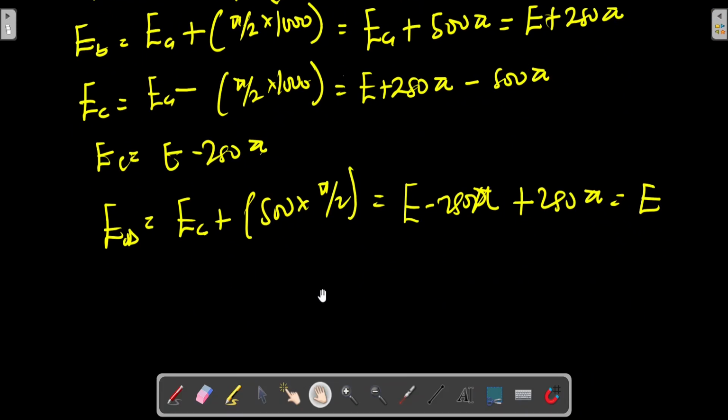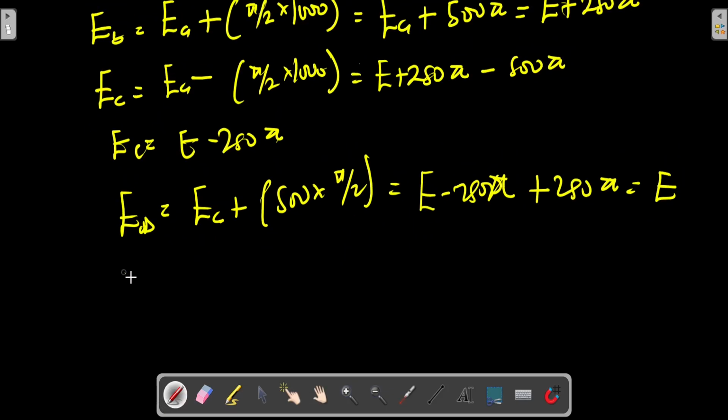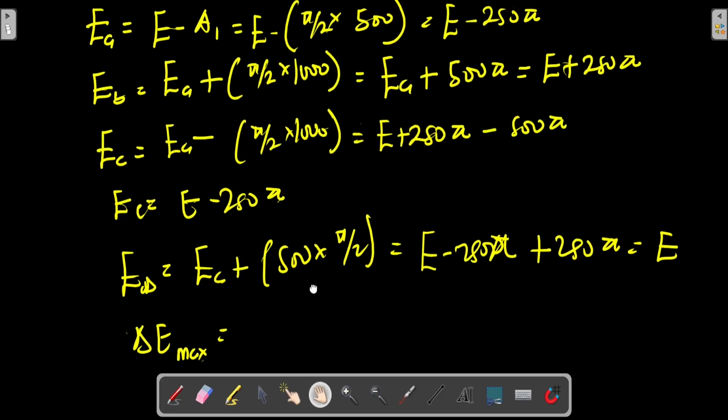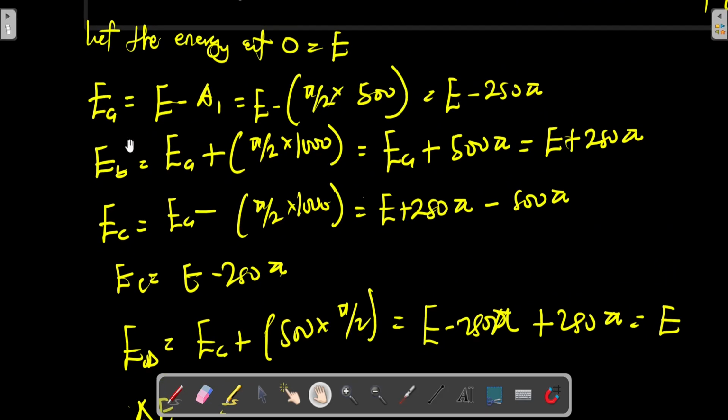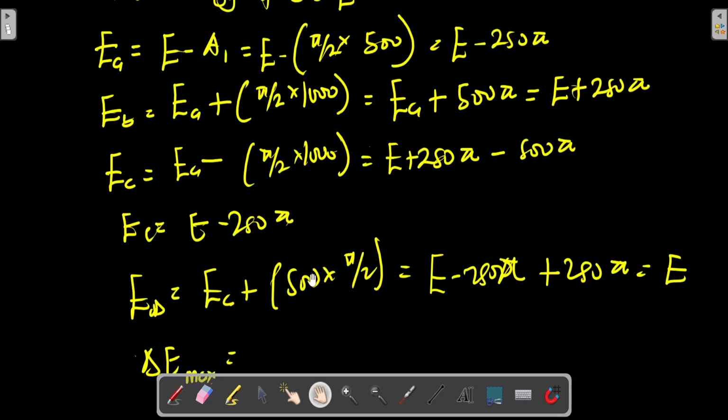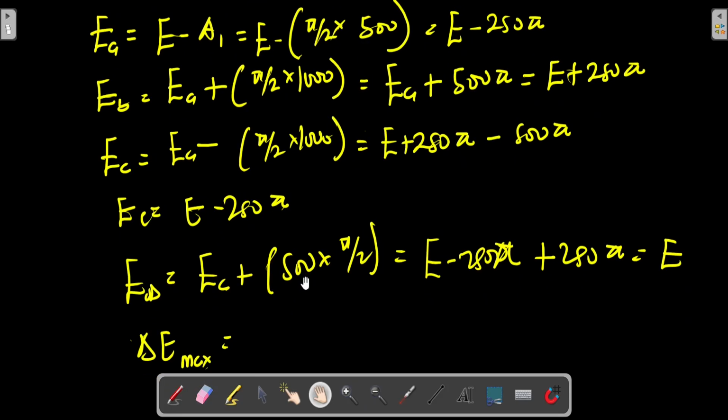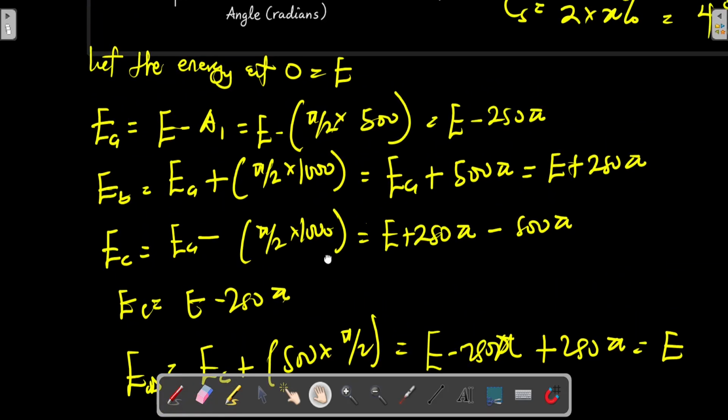Now, so we have the various energies. To find our maximum energy fluctuation, that will be stored by the flywheel, it is going to be the maximum energy minus the minimum energy. When you check which of these energies is maximum, let me check.